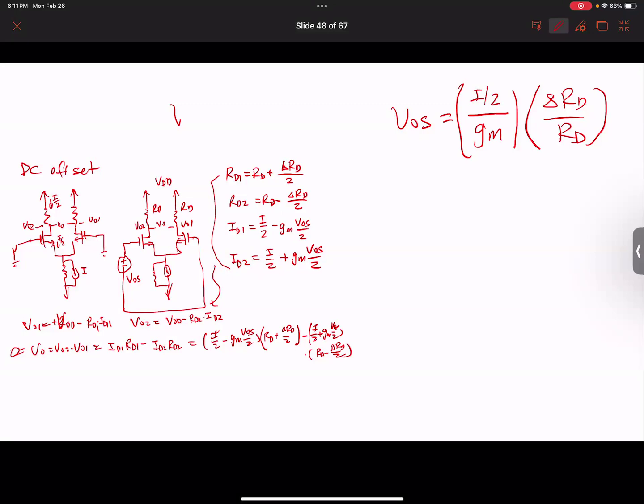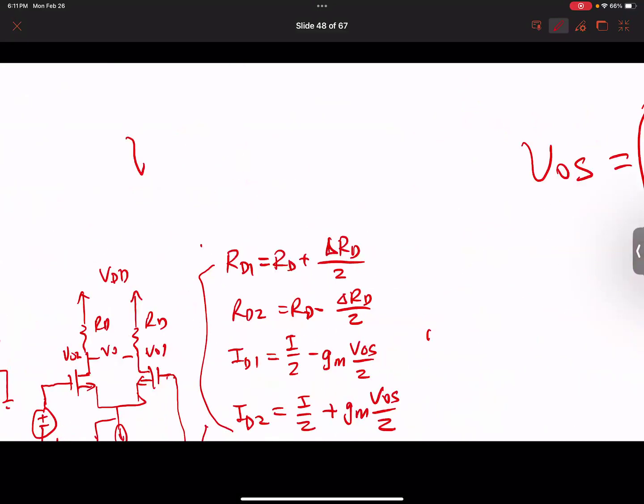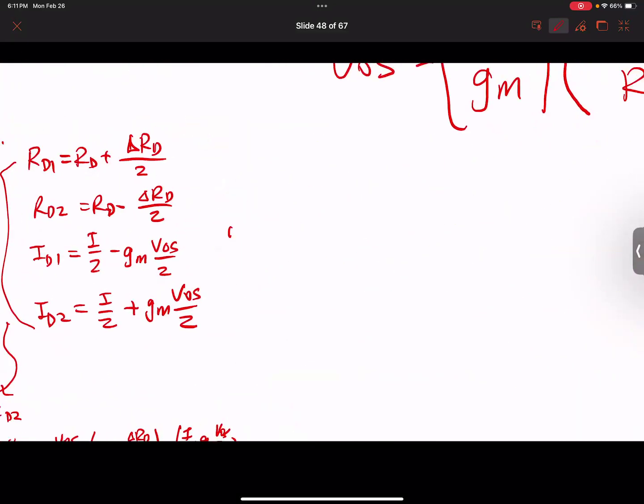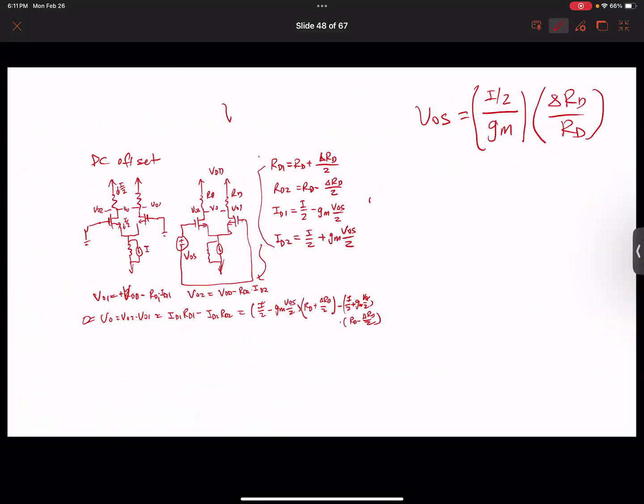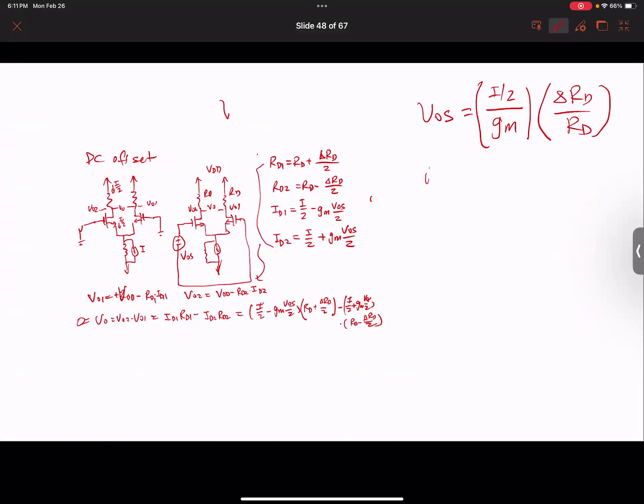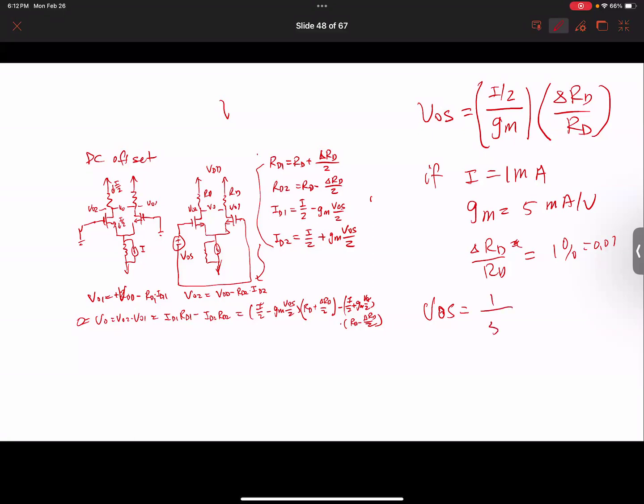So, again, let's look at an example. So if I equals 1 milliamp and GM equals 5 milliamp per volt, and delta RD over RD equals 1%, which is 0.01, we can see this VOS will be 1/5.